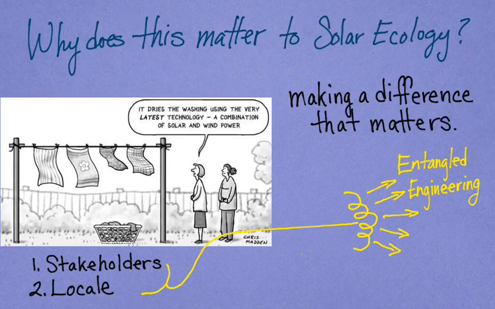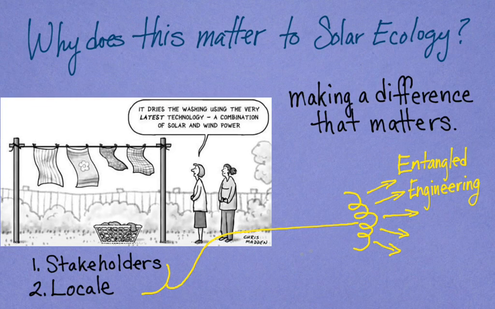I need you to consider engineering as an entangled process where you, the engineers, are all tied up and tangled together with the stakeholders that you're going to engage in a solar project design process, with the locale, the time and space that you're engaged with those stakeholders.